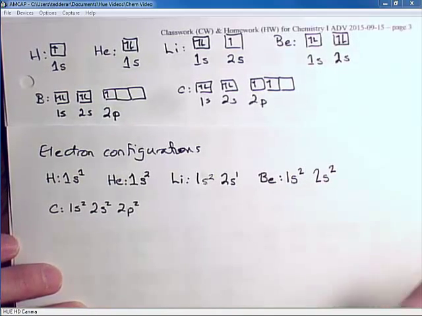The question is, on a test, will I show you the orbital notation, and from that allow you to write the electron configurations? I would say probably not, because you're required to be able to do both orbital notation and electron configurations. I may give you a problem that says write orbital notation, electron configurations, and the shorthand version of electron configurations, which we haven't gotten to yet.